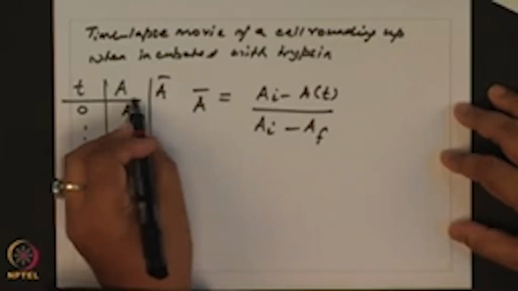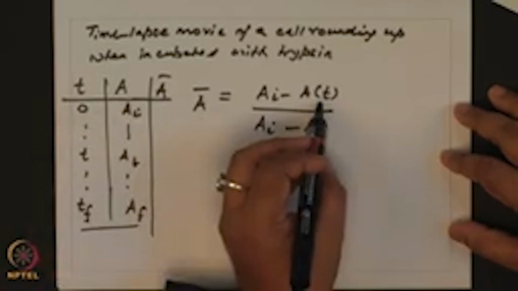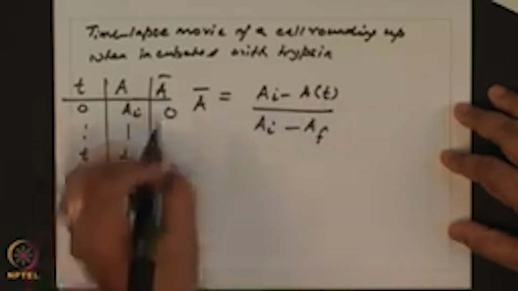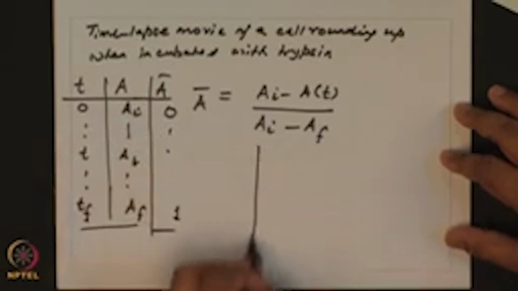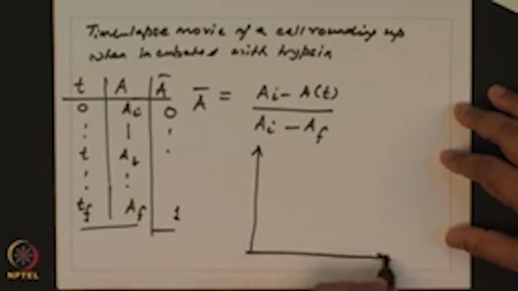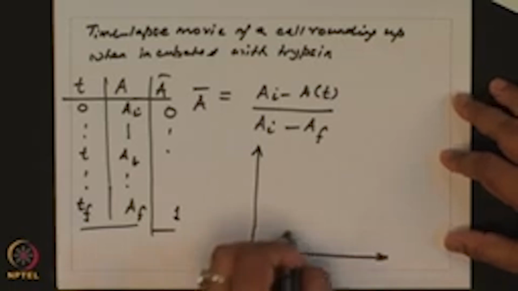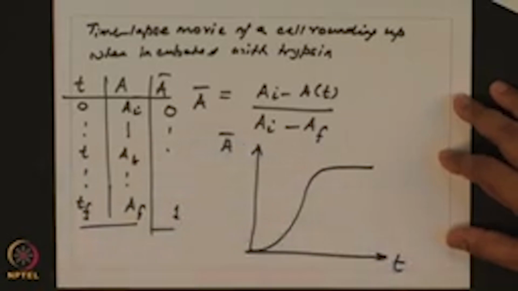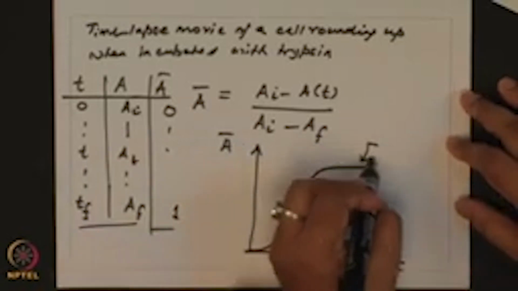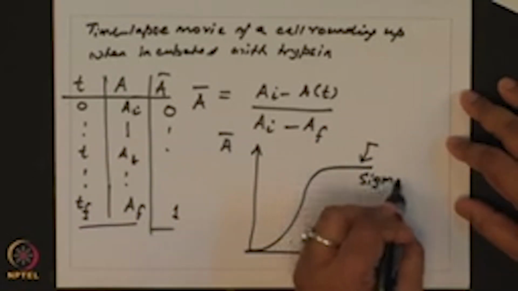If I plot A bar, at t equal to 0, A of t is the same as Ai, so you have a value which goes from 0 all the way to 1. If you plot A bar as a function of time, you would have a curve, and what has been observed is this curve is sigmoidal in nature.